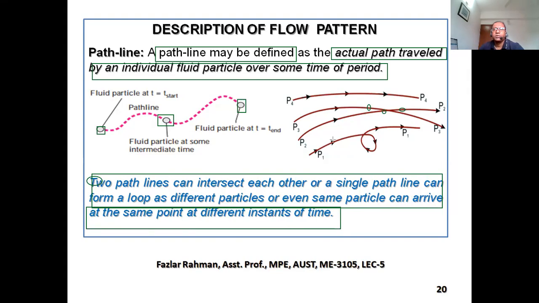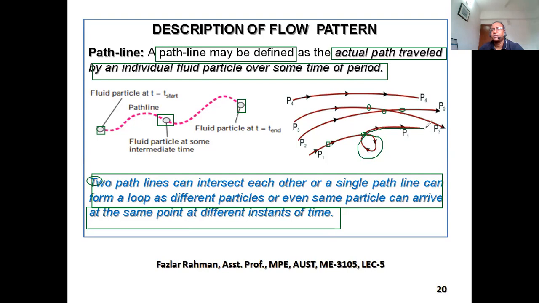For example, a fluid particle from here, at a time came over here. Then he crossed this point again, and after a few seconds he came back over here. In some cases it might make a loop, not following the same path, but might go in this one.